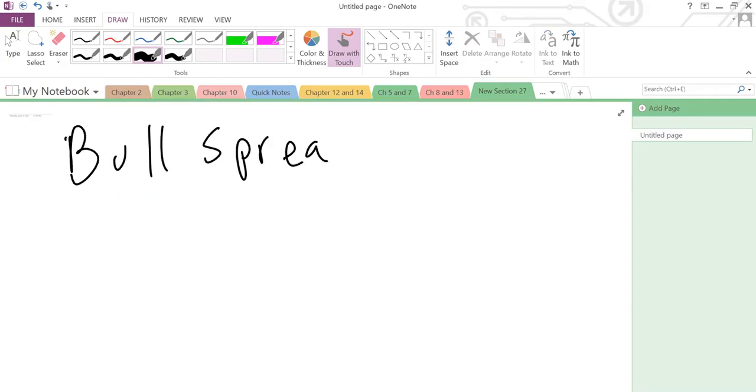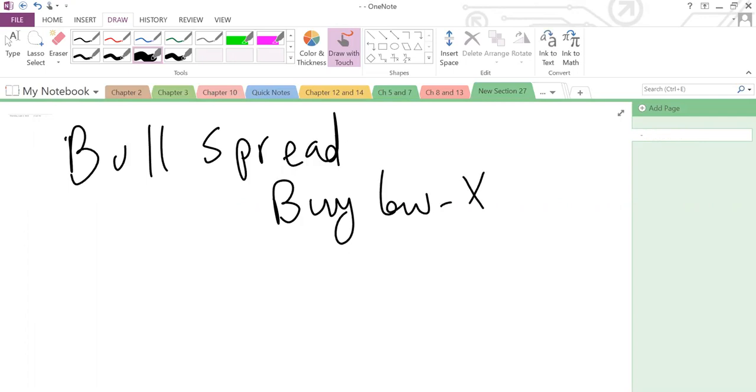You can design or you can construct a bull spread by buying a call. Any money spread, you're going to buy a call option and you're going to simultaneously sell a call option, and those two options are going to be identical except that the strike price will be different, right? So you're going to buy a low strike, I'm going to call this low X call.